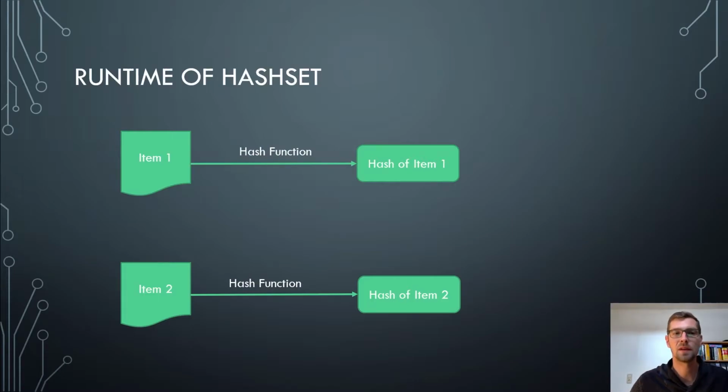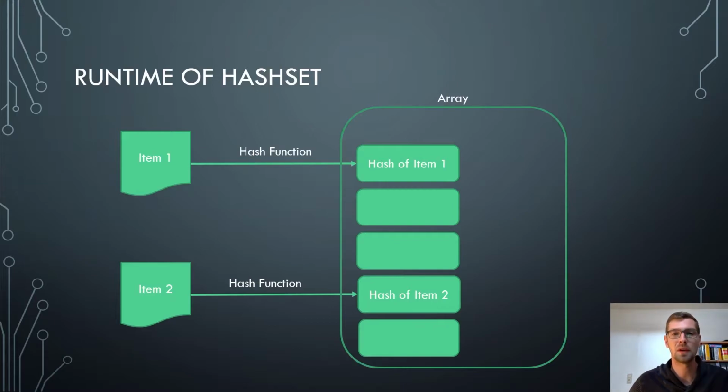Interestingly, the hash is unique for each item if they are not equal, or at least it is assumed to be. Otherwise we have a hash conflict, and these have to be treated in a special way. But for now we just assume that these hashes are unique for each item we put in if they are not equal. Now we have our two hashes, so we can use these as keys in the array.